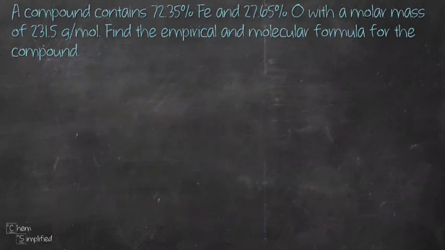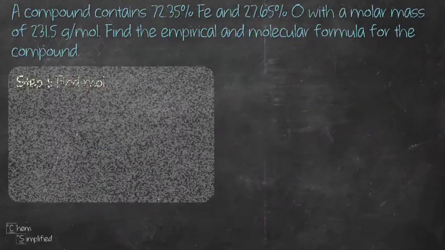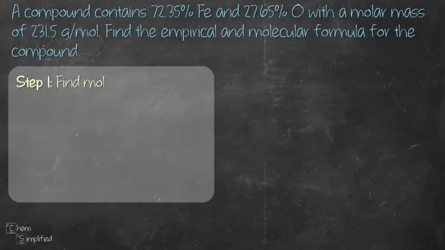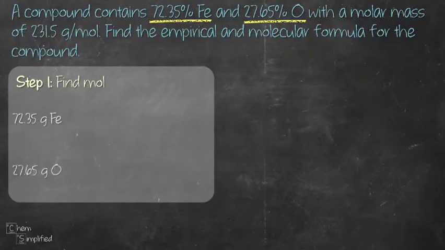Let's do the first step. In first step, we are going to find the mole for iron and oxygen. To find the number of mole, the formula is given gram divided by its atomic mass.